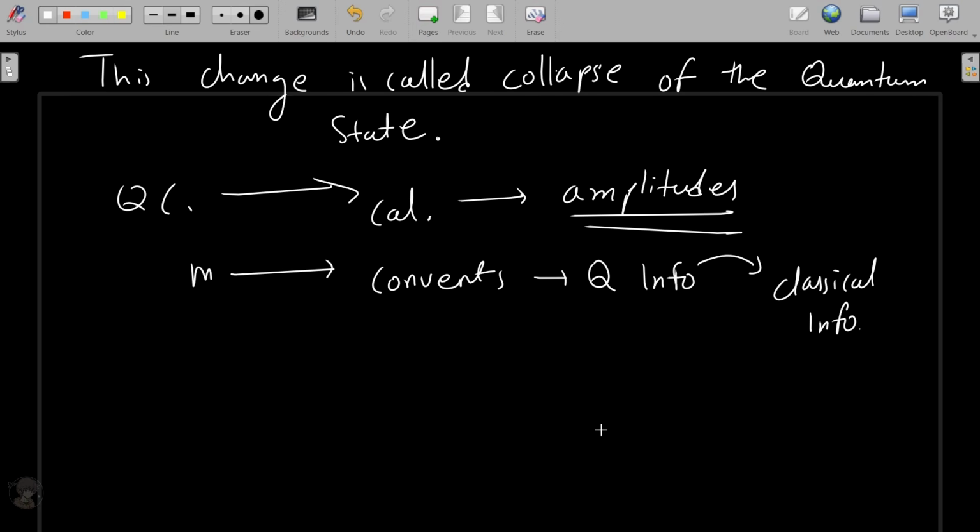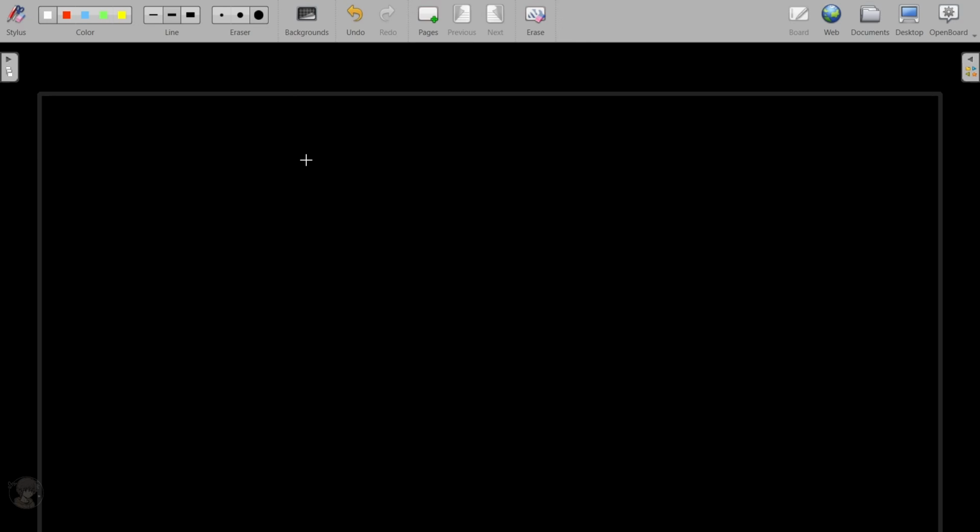So the final summary: a qubit stores amplitudes alpha and beta. This is the first point.